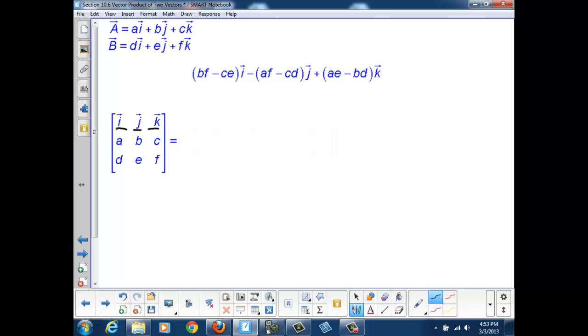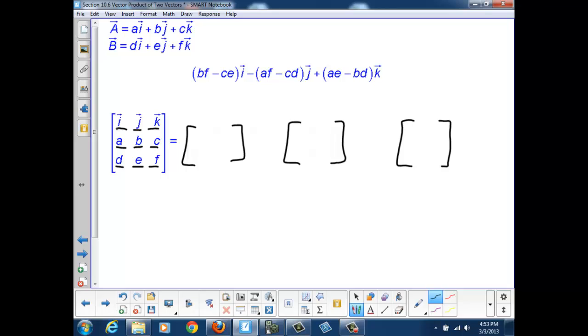Then I will take the A components and place them in the second row. Here's A, B, and C. And finally in the third row, the B components. From that set of information, I'm going to create 3 smaller 2 by 2 matrices, and the way I'm going to create them is as so.